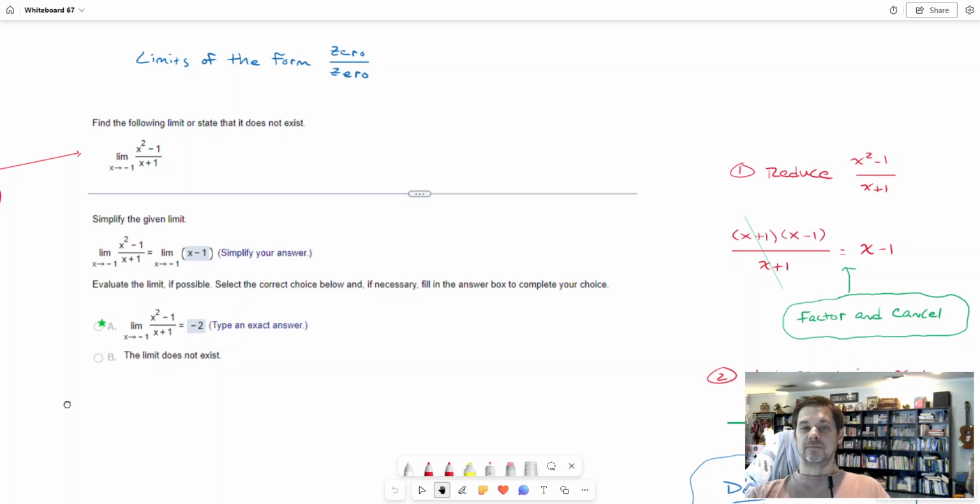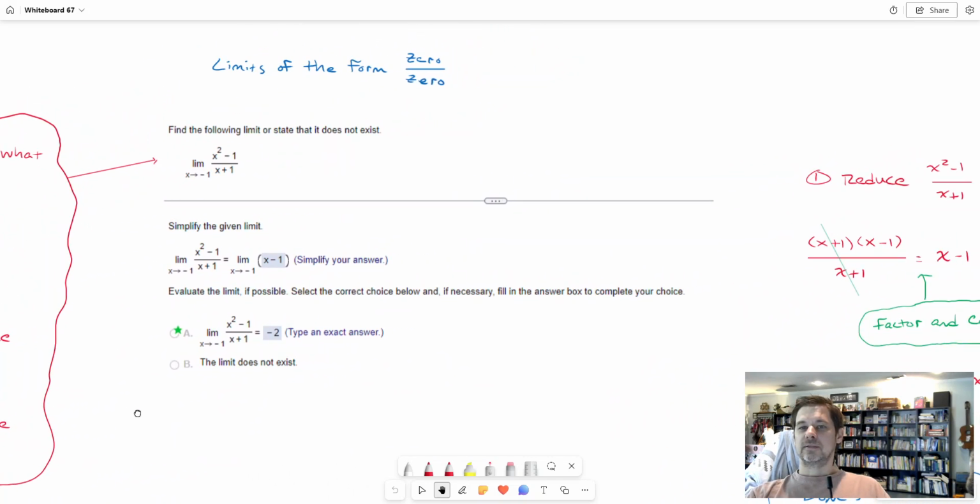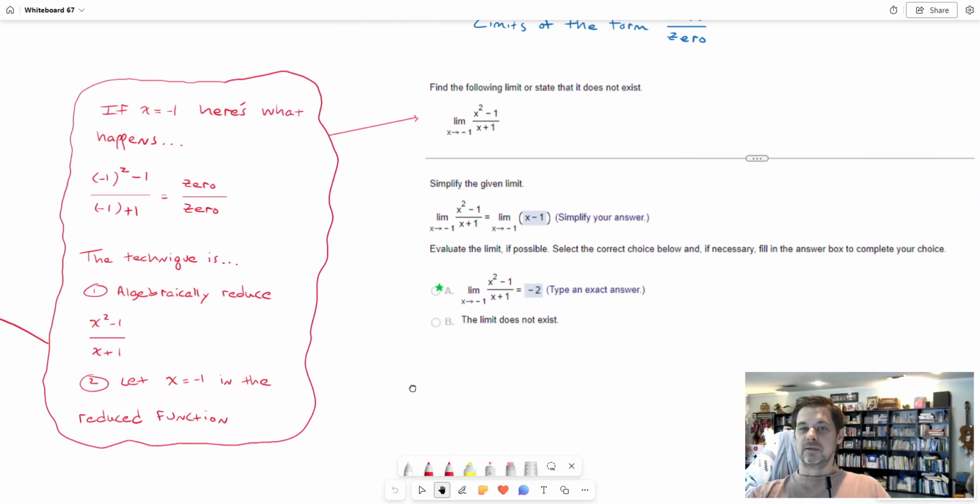Okay, so first of all, I call this limit being of the form 0 over 0 for this reason. Here's what happens to this function, x squared minus 1 over x plus 1, if you let x be negative 1. I know the limit says as x approaches negative 1, but let's just look at what happens if x is negative 1.